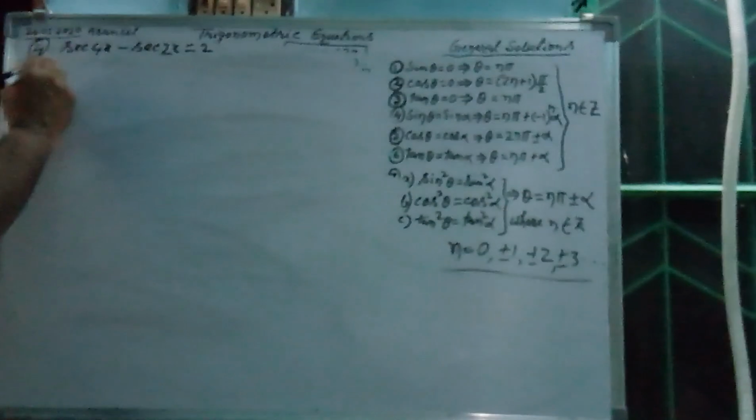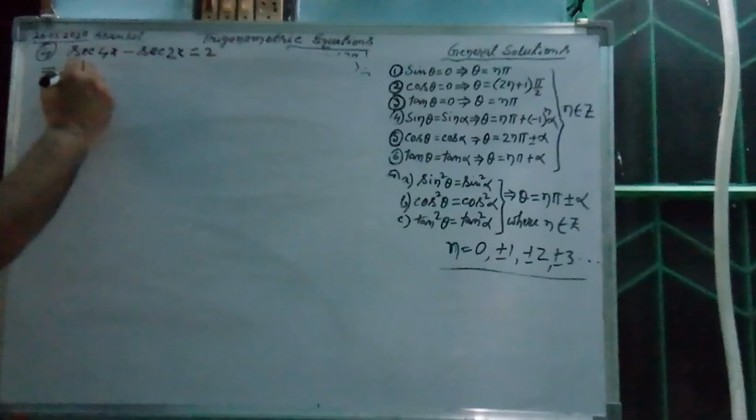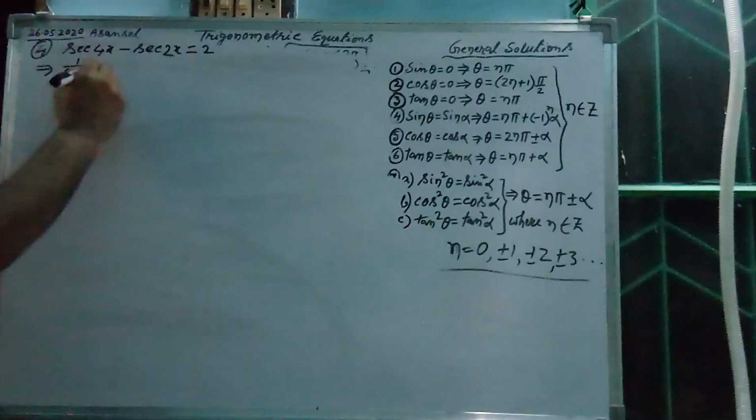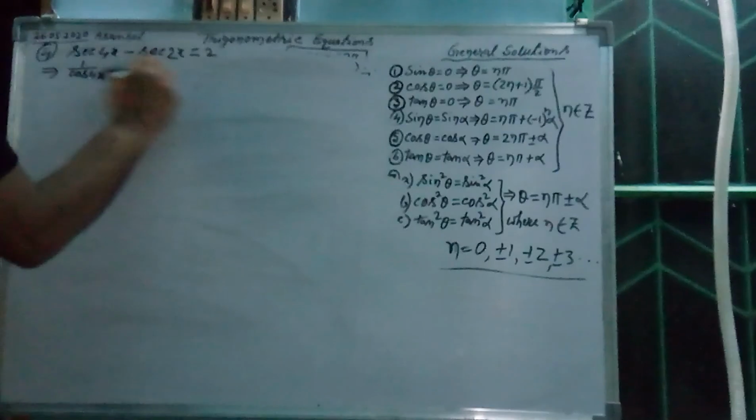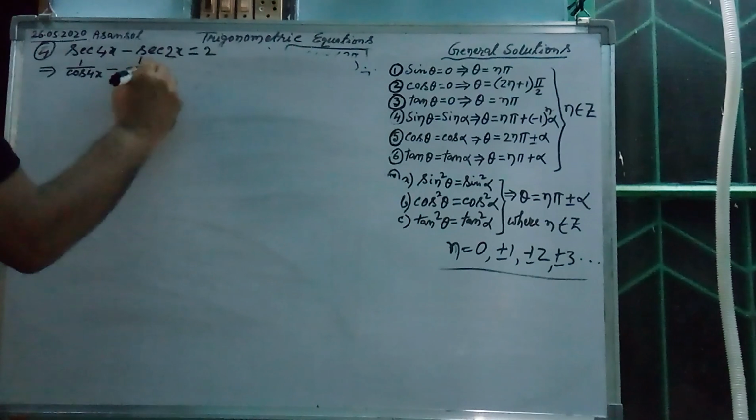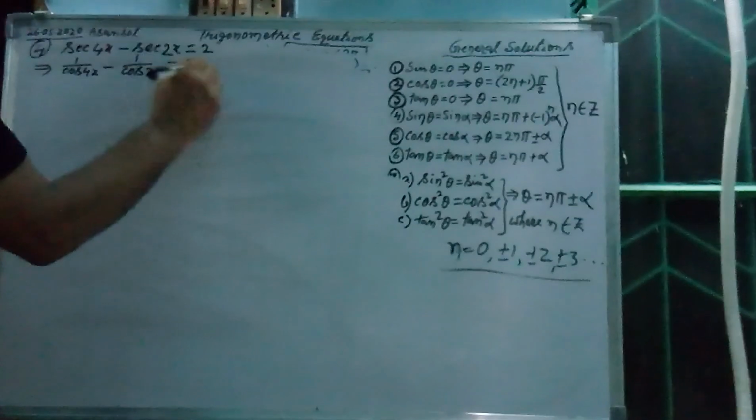We can write it as sec 4x, 1 over cos 4x, minus 1 over cos 2x is equal to 2.